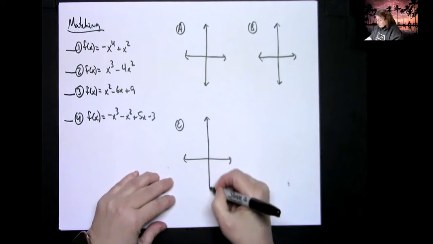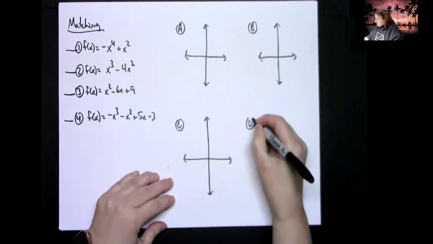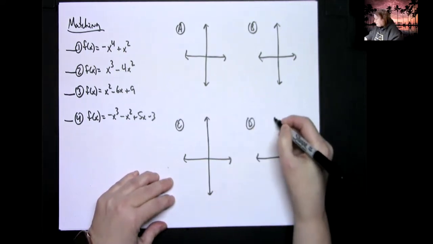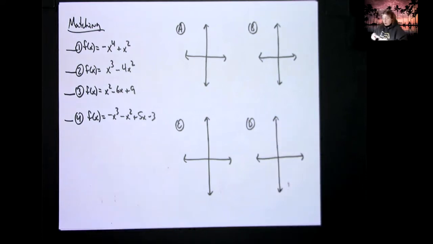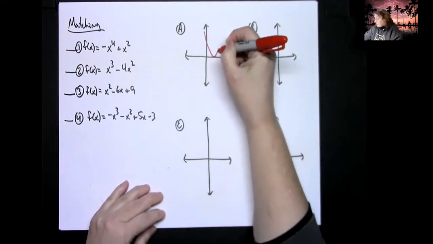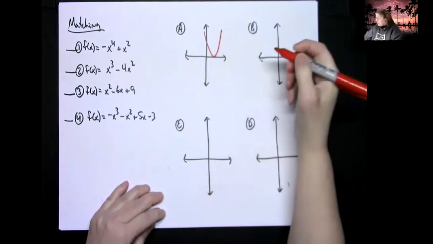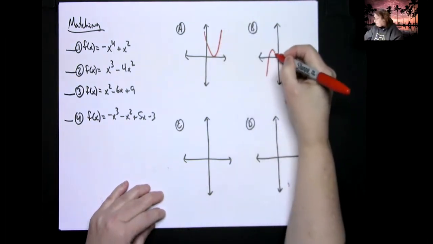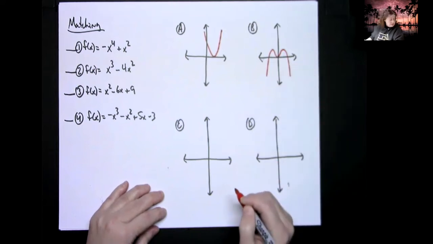Obviously me sketching this, not perfect here. And my sketches are going to be probably really bad, but let's suppose we had one that looked like this. And then another one that looked like this.